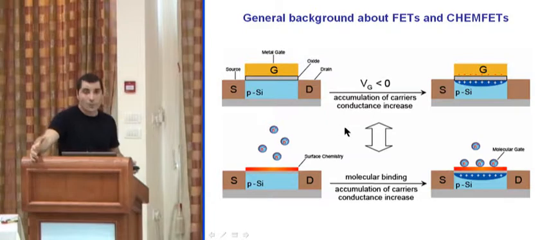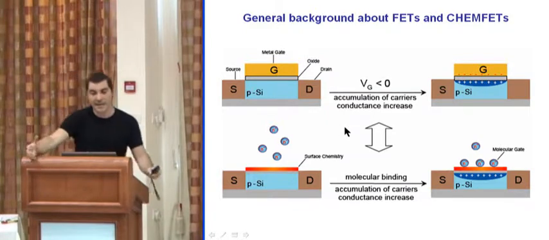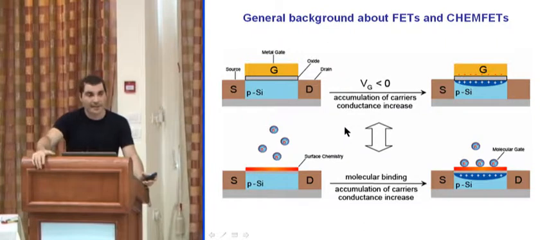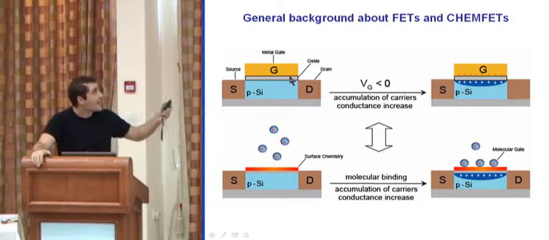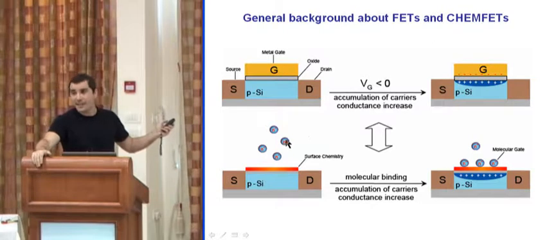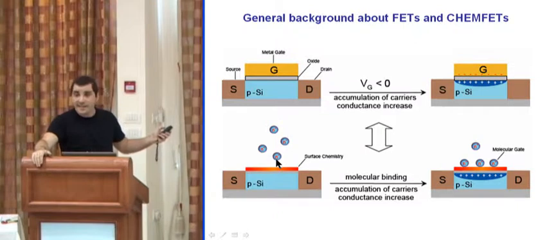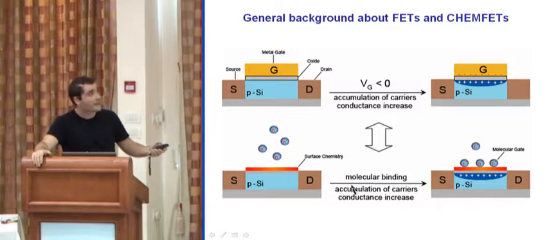The question is how we can use this kind of devices in order to create biological or chemical sensors. What we do is create what we call a CHEMFET, where we remove the gate electrode, and we use the intrinsic charging characteristic of biological and chemical molecules to charge the surface of the semiconductor upon binding to it.